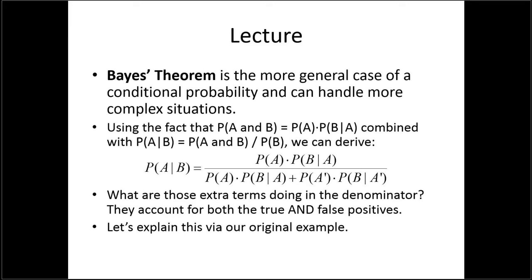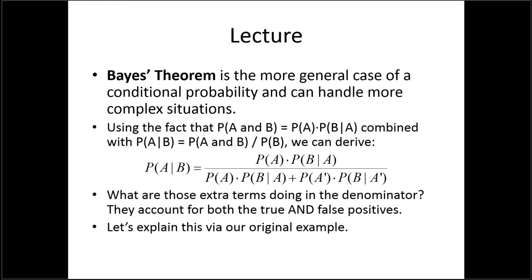Okay, so we're going to combine some ideas here. The probability of A and B occurring is the probability of A times the probability of B given A, and the probability of A given B is the probability of A and B divided by the probability of B occurring.